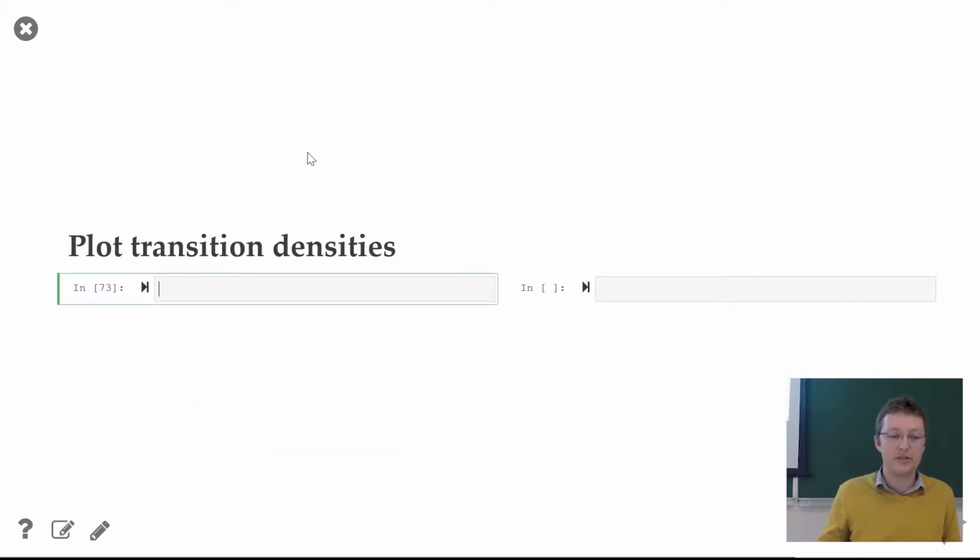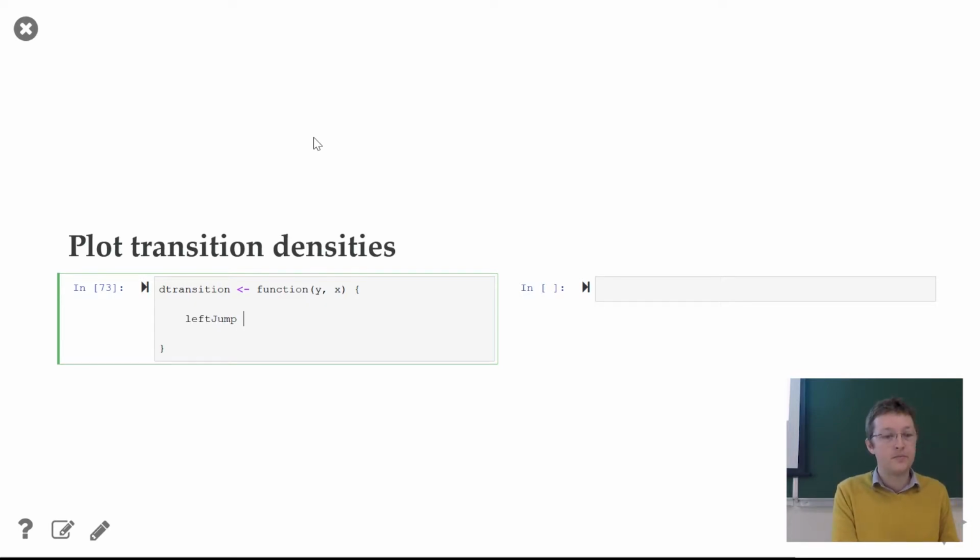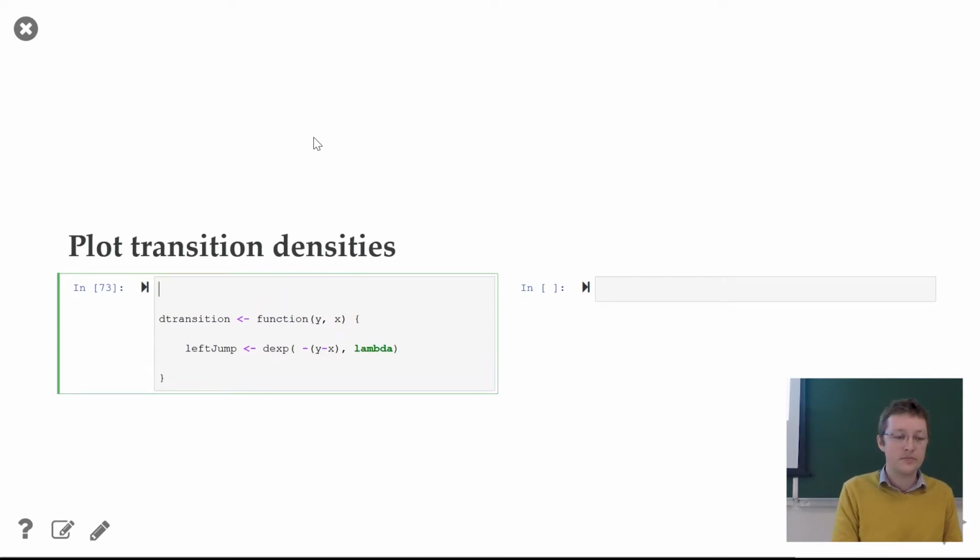Okay, so let's see if we can plot these things to see what they look like. What's the PDF of going to y given that I started at x? If I jump left, then that's the density of an exponential evaluated centered on x in the y direction. And if I jump right, it's the density of an exponential the other way, to the right.